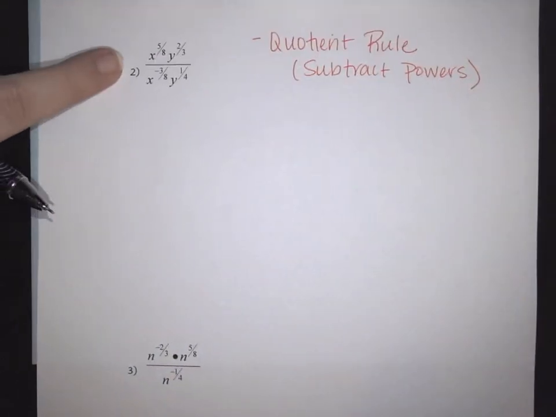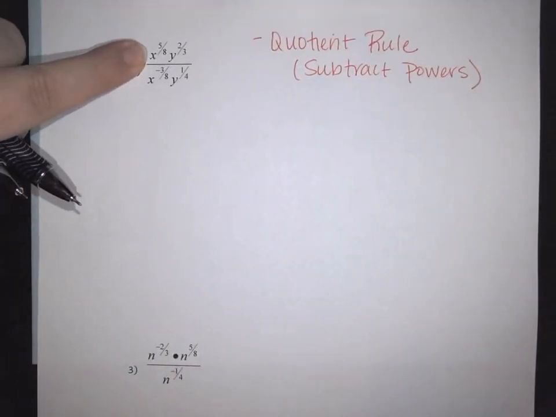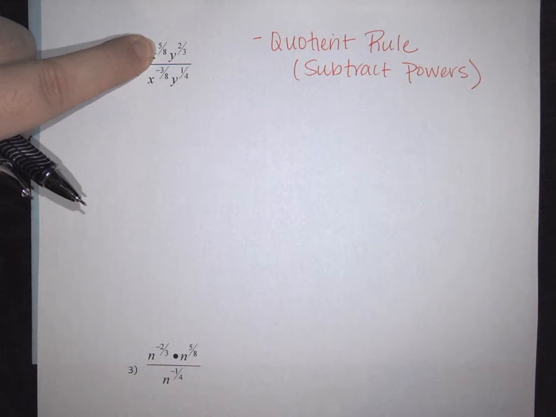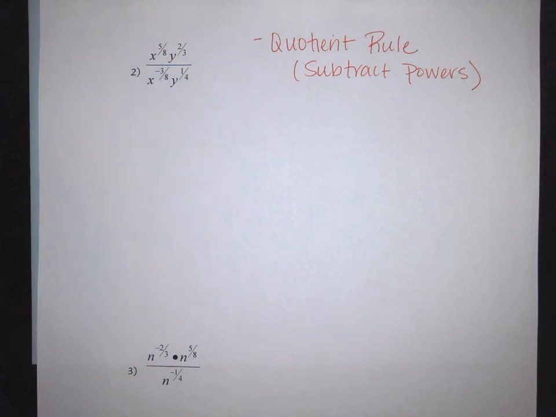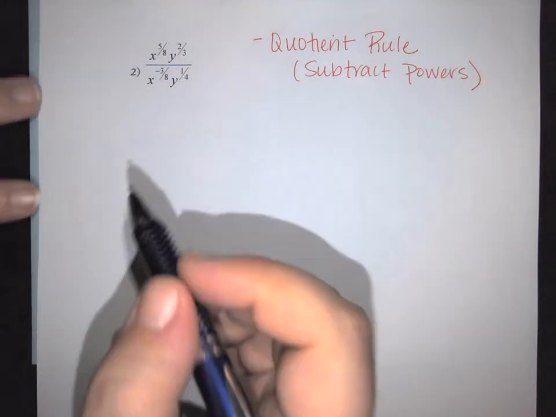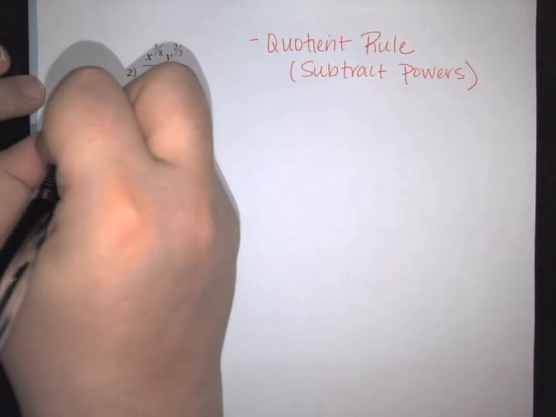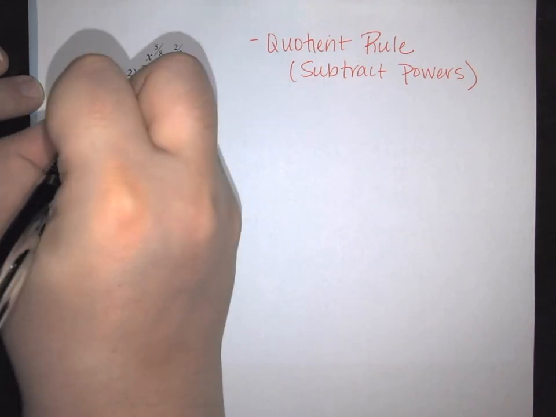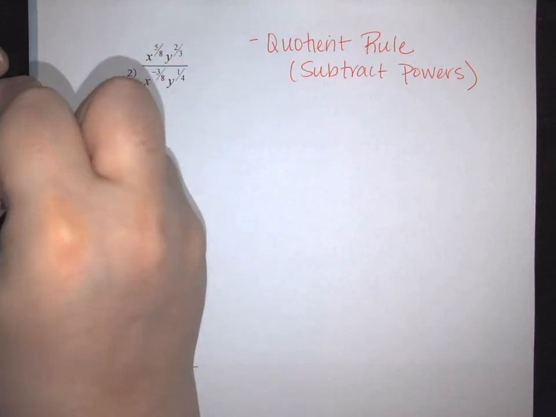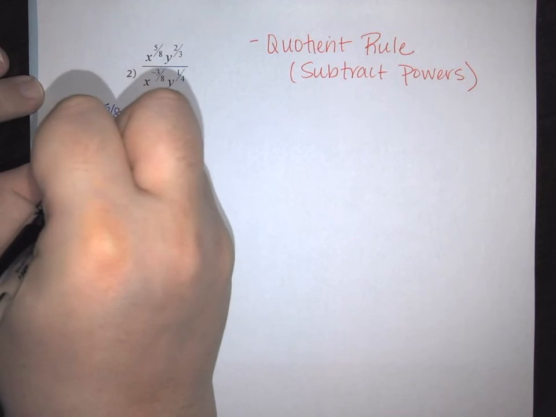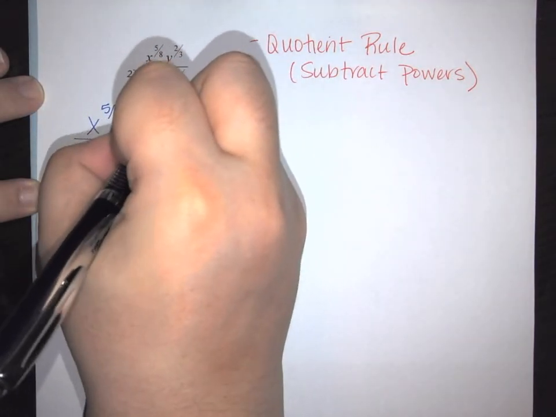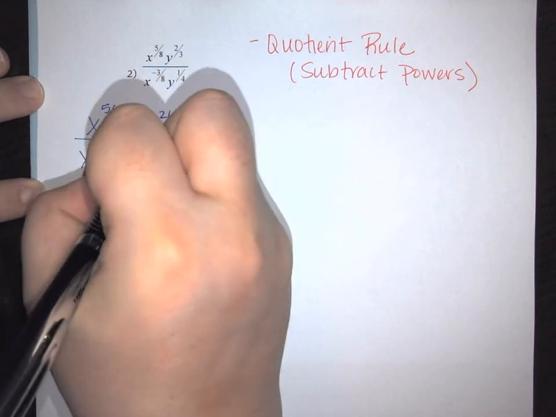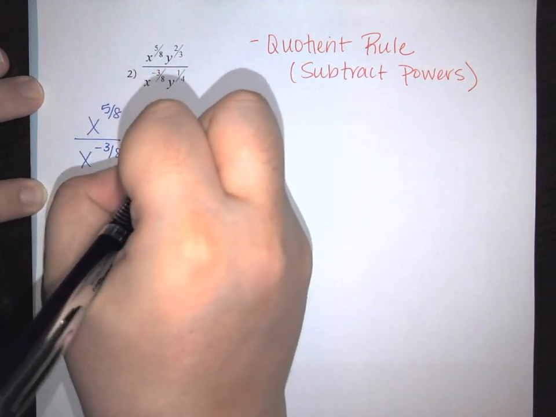So we're going to do that for each. Notice that I have x to the 5/8 over x to the negative 3/8. So we're going to go ahead and start setting that up. Here I'm going to break it apart. I have x to the 5/8 over x to the negative 3/8, and then I have y to the 2/3 over y to the 1/4.